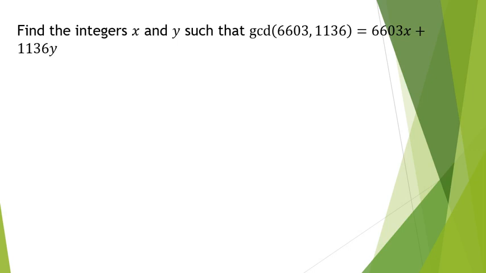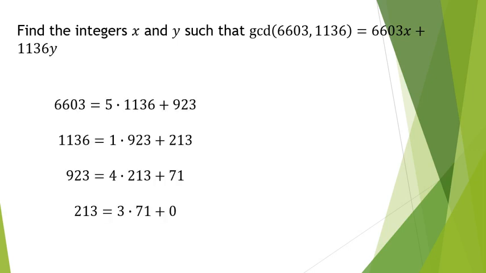First thing we have to do is determine what is the GCD. To do that, we use the regular Euclidean algorithm, aka repeated use of the division algorithm. When you do that, I'll let you verify this on your own, but you find that the GCD of these two numbers is 71, because that is the last non-zero remainder that we have here.